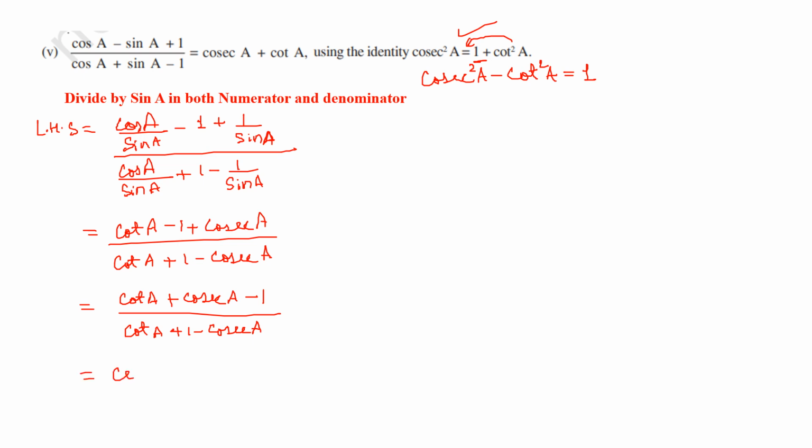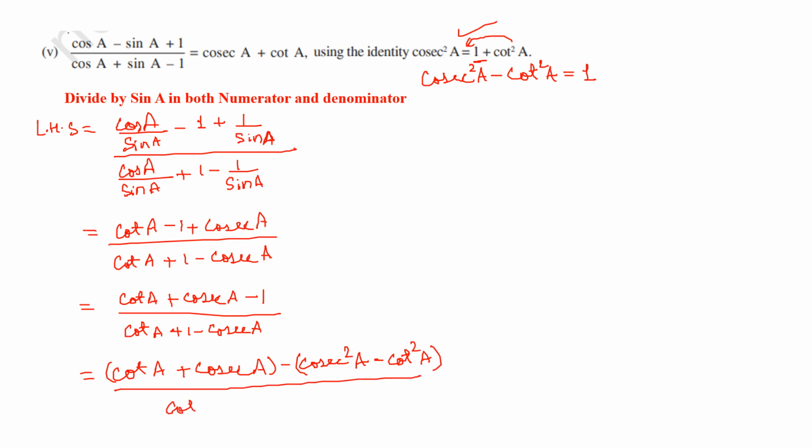So it will become (cot A + cosec A) in a bracket, minus (cosec² A − cot² A), that whole divided by cot A plus 1 minus cosec A. Now see, cosec² A minus cot² A is in the form of a² minus b², so it will be written as (a + b)(a − b). So a plus b is cosec A plus cot A, and a minus b is cosec A minus cot A. And if you see over here, here is also cosec A plus cot A.